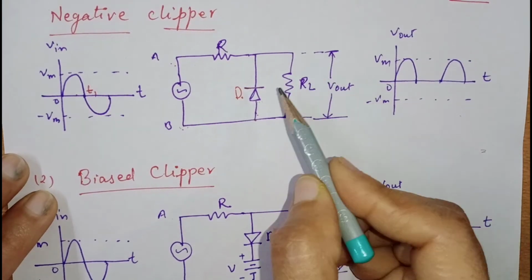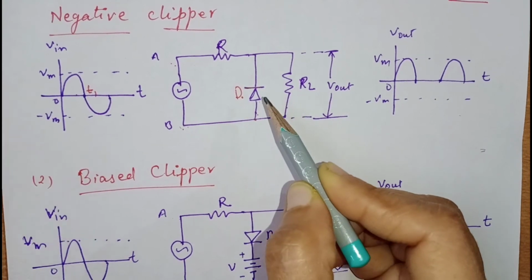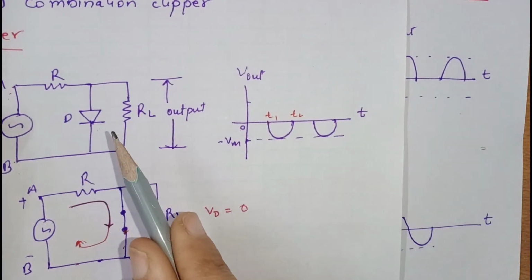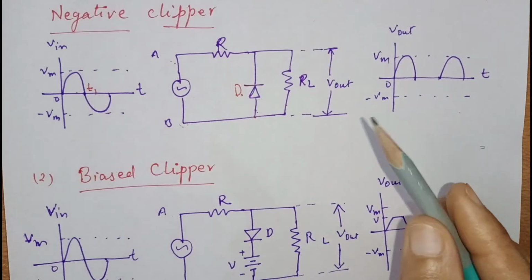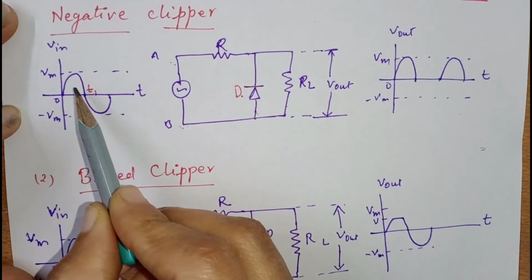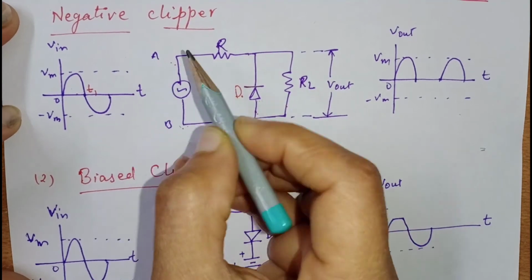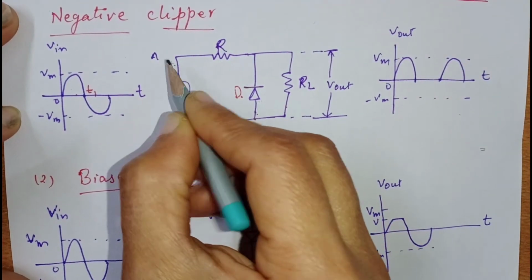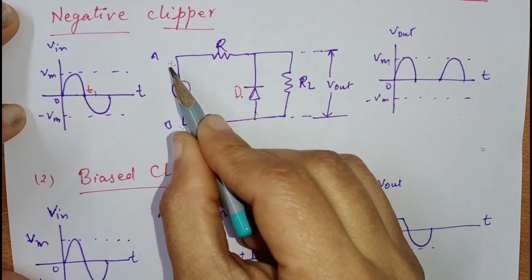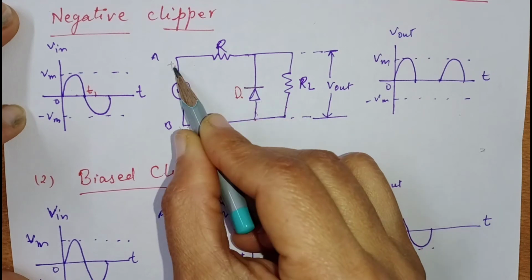In the case of the negative clipper, we have reversed the direction of diode D. In the case of the positive clipper, the direction of the diode was this one, and in the negative clipper, the diode is reversed. So when we apply the positive half cycle of this input signal, terminal A is positive with respect to terminal B. So the diode is reverse biased because the N region is connected to the P region.